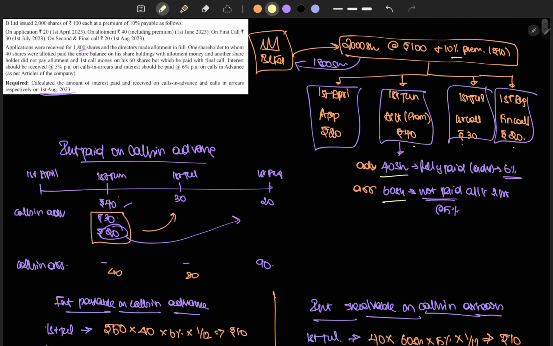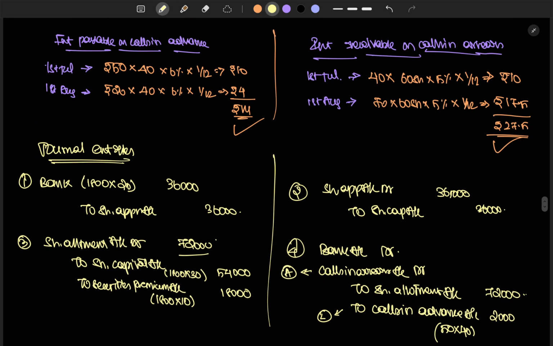Okay, what's the arrear? How many shares? 60 shares. 60 into 40, which is 2400. So if we deduct everything, 72,000 plus 2000 minus 2400 gives us 71,600 as a balancing figure.